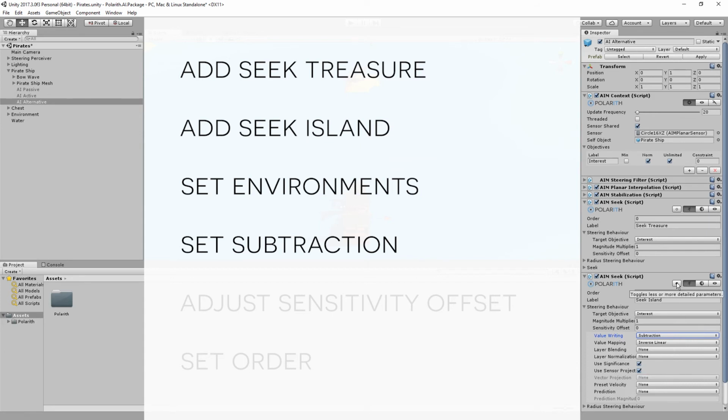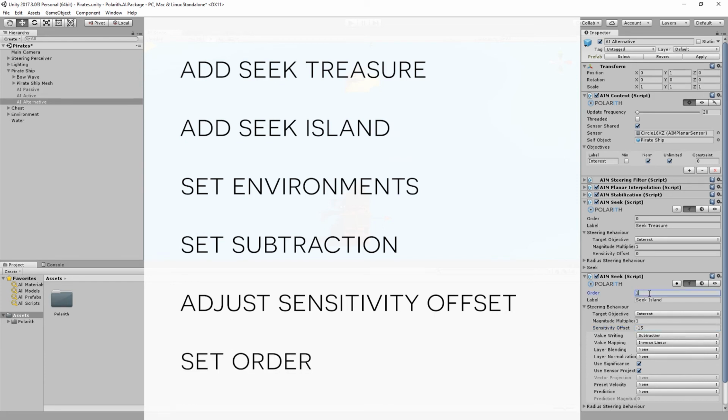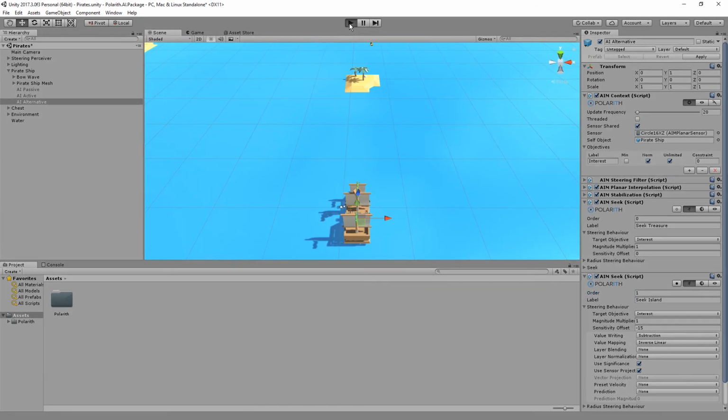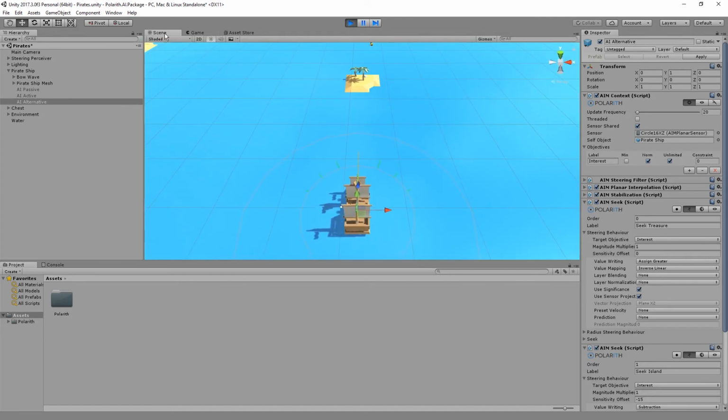This is actually a good idea. We just have to decrease the sensitivity offset on the second seek, since we don't want to erase the possible avoidance directions. It is also important to make sure that seek island has a higher order than seek treasure, since subtraction is not commutative. Let's see if it works. Well, not right from scratch.